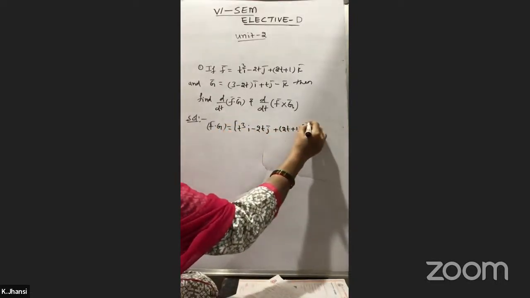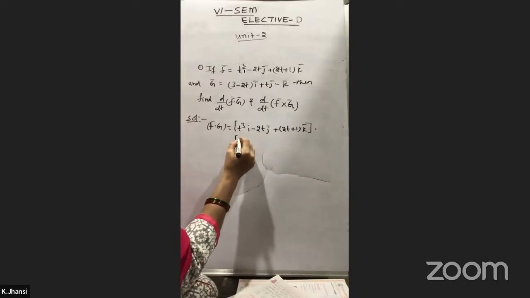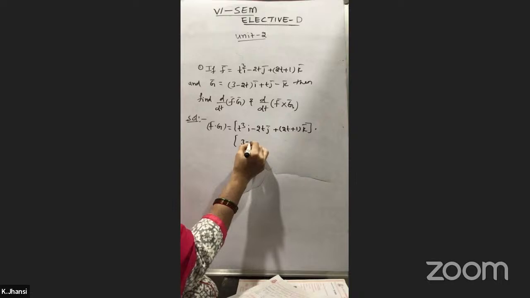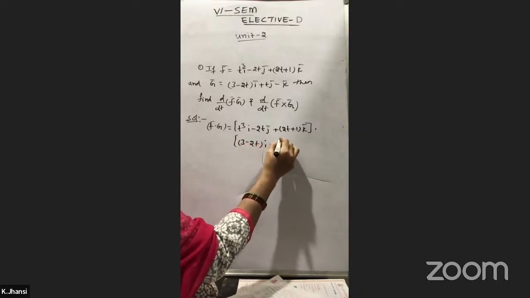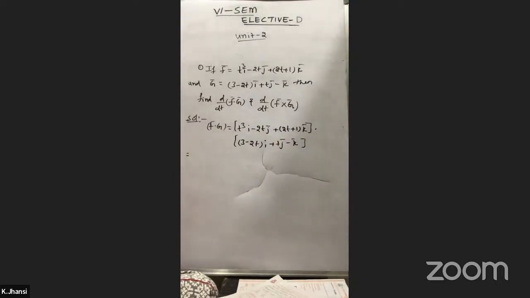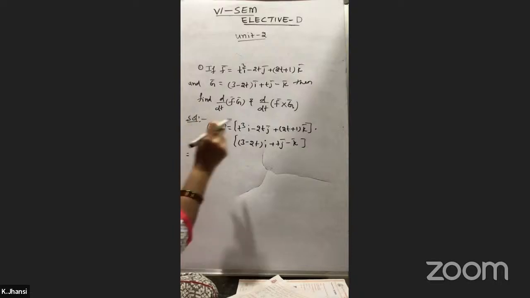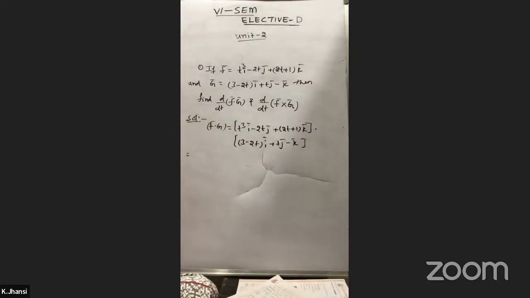So this is f. Then dot of what is g? g is 3 minus 2t into i plus t j minus k. Okay, so dot product means whatever the i, j, k vectors are there, you have to multiply them with the i, j, k of f and g.